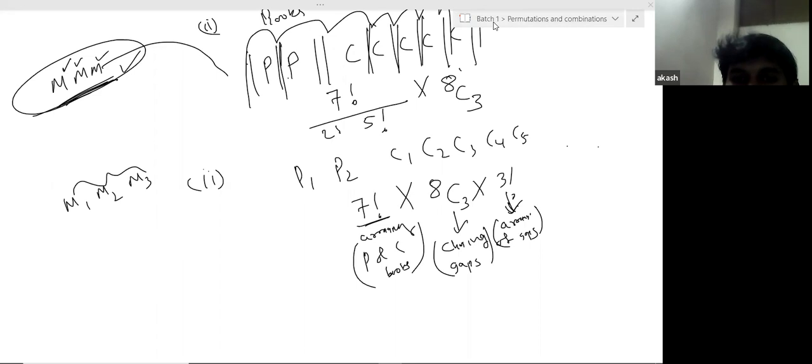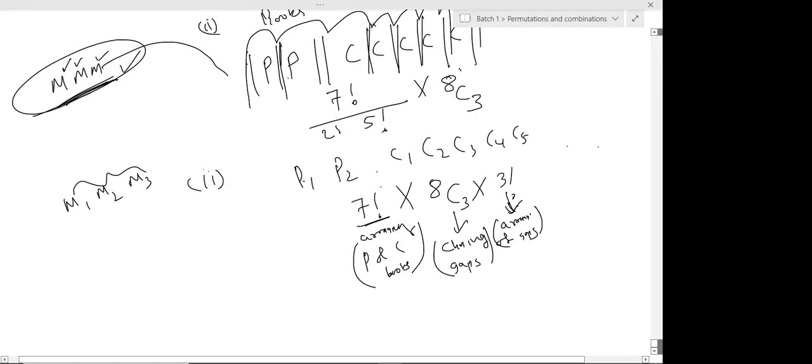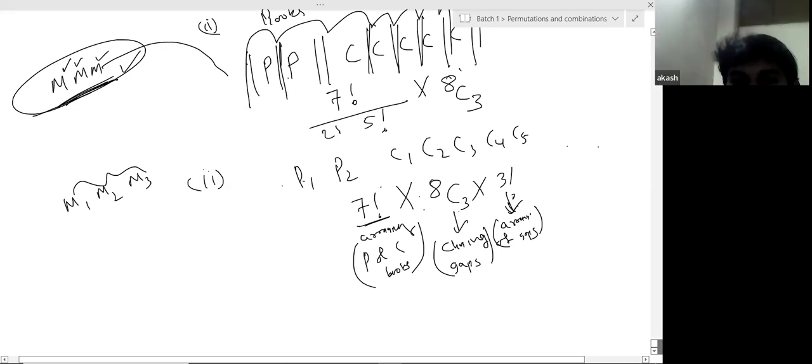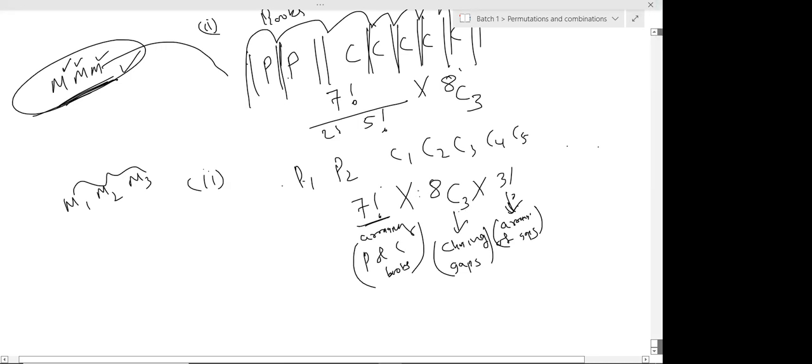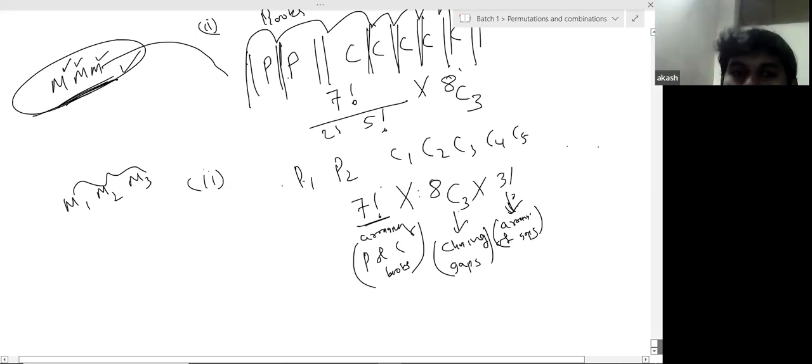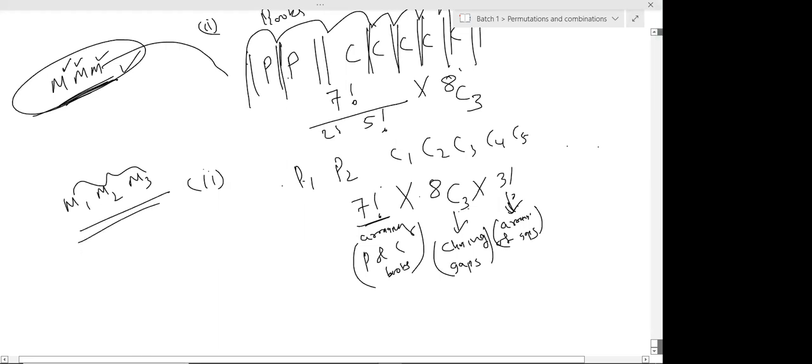See, because all the books are different in this part, to arrange physics and chemistry books, I need 7 factorial ways, right? 7 things, 7 factorial ways. Yes, sir. And 8 gaps, I need to choose 3, 8C3. Now, as I choose 3 gaps, they can be arranged internally also, right? Because all the mathematics books are different also. Yes, sir. So 3 factorial for that.